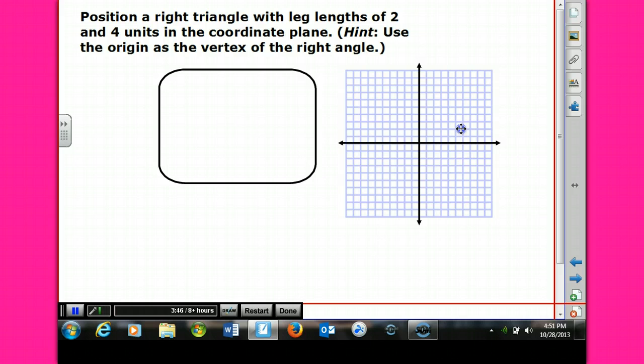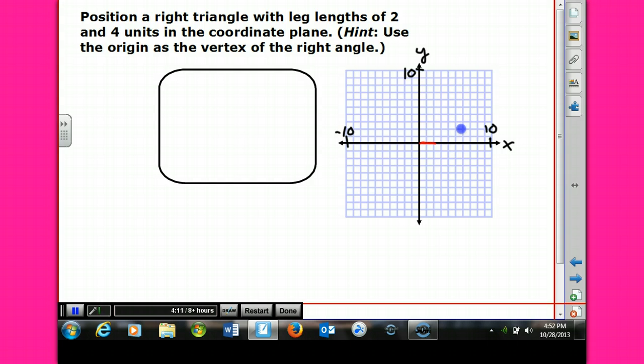Let's try a right triangle with leg lengths of 2 and 4 units in the coordinate plane. So we need leg lengths of 2 and 4. So again, we're going to put a vertex at 0, 0. It's a right triangle, so this 0, 0 works really well.